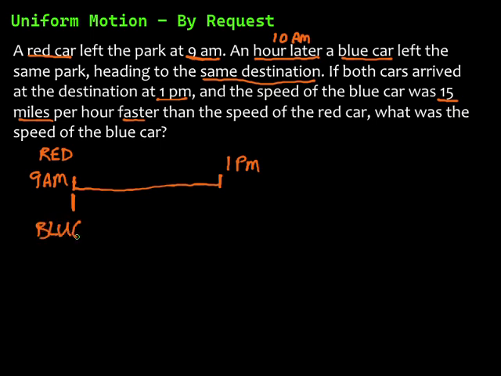So the blue car is leaving at 10 a.m. All right, so far so good. Again, they arrive at the same time. They both get over here at 1 p.m.